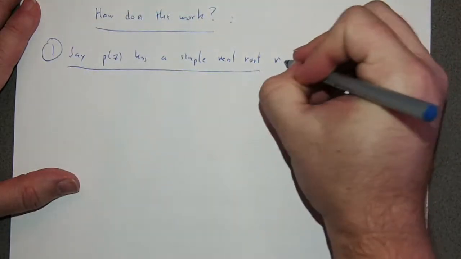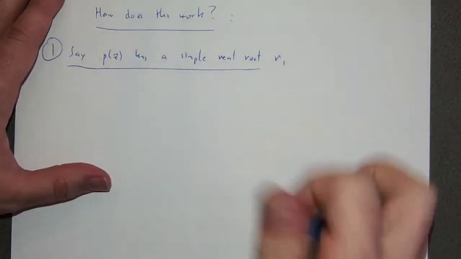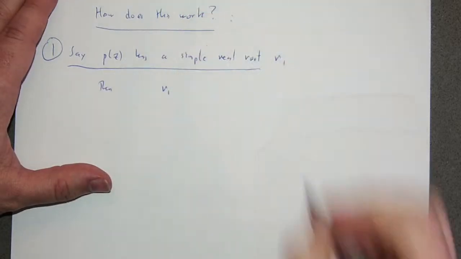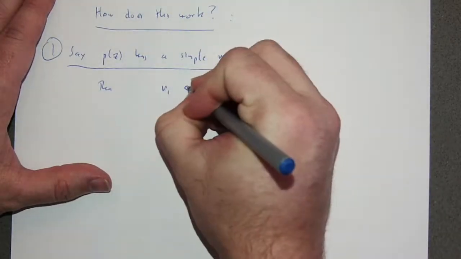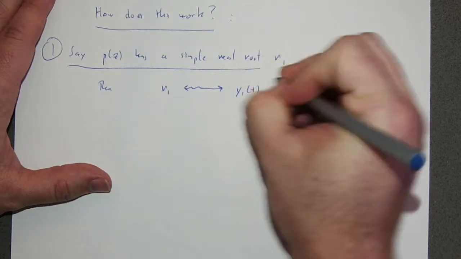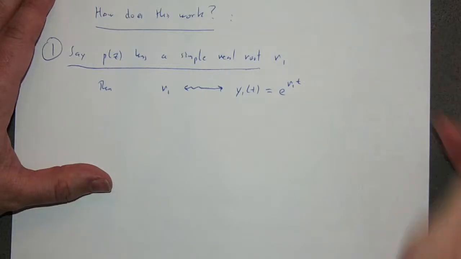We'll call it R1. Then we assign to R1 the solution e to the R1 t.